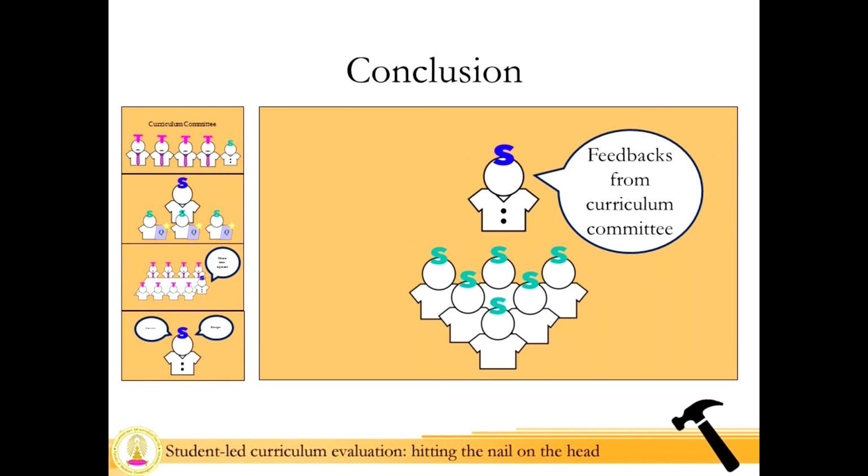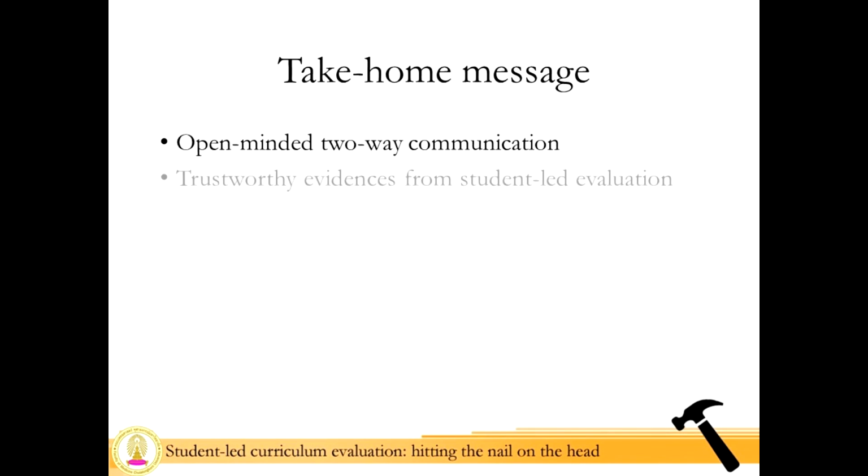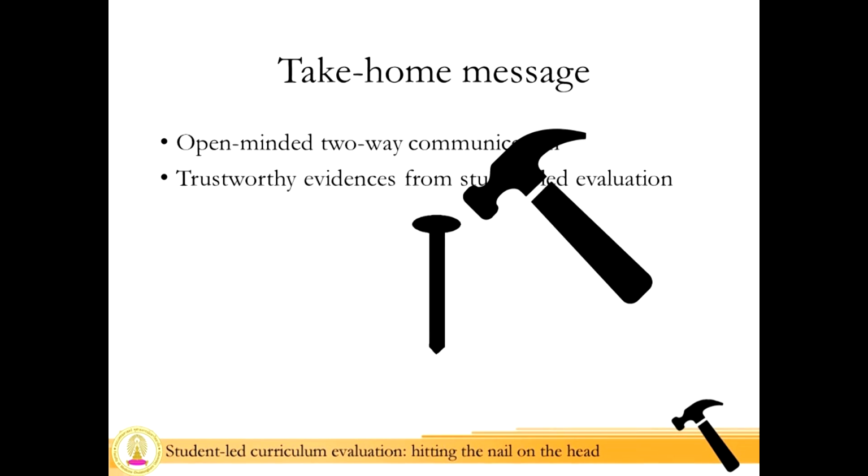And the last one, the student representative communicated what happened in the curriculum committee to the classmates. From our experiences, we would recommend open-minded two-way communication between students and teachers based on trustworthy evidence from student-led evaluation. This would lead to educational changes and development that definitely hit the nail on the head.